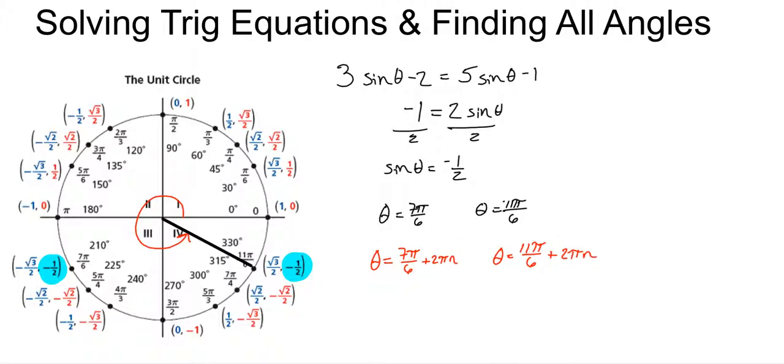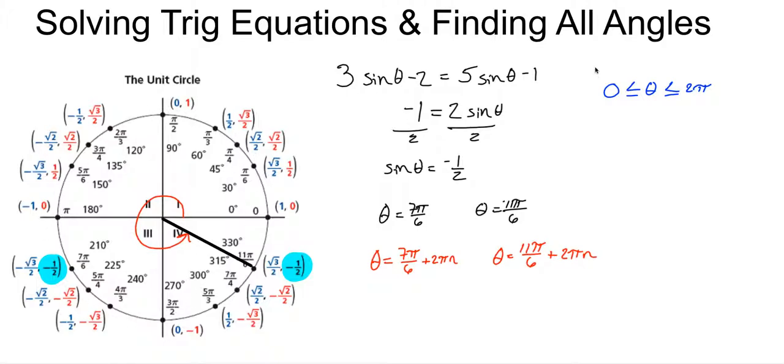Now, a lot of times a question will ask you to provide all the solutions between 0 and 2 pi. So I want theta to be greater than or equal to 0, but less than or equal to 2 pi. If that's the case, now I'm only concerned with the numbers that I see here in the unit circle.